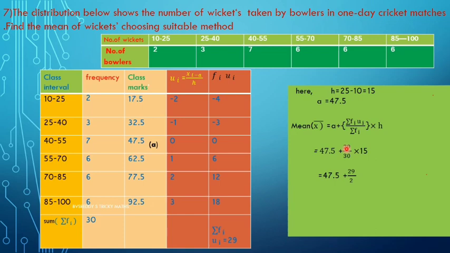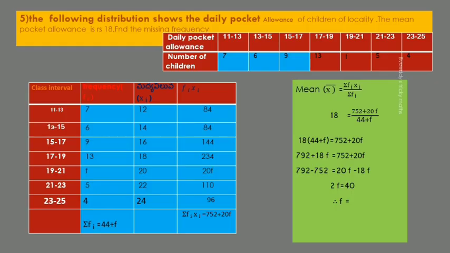After dividing 29 by 2, you get 14.5. So in this way you get the answer 47.5 plus 14.5, that is 62. Now we go to another problem, regarding median.